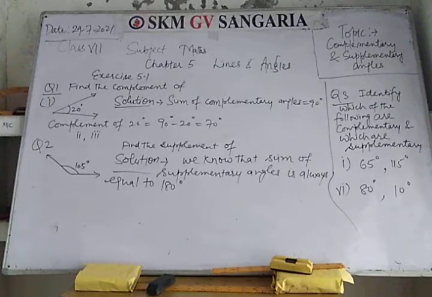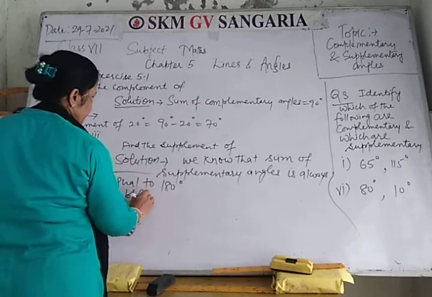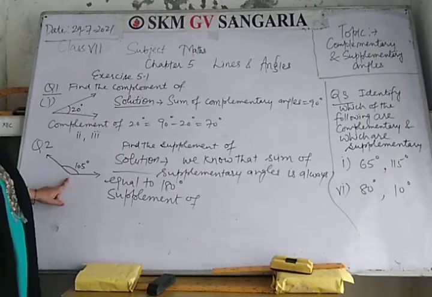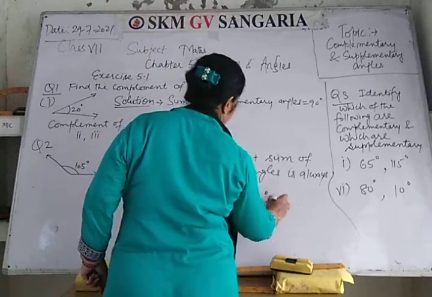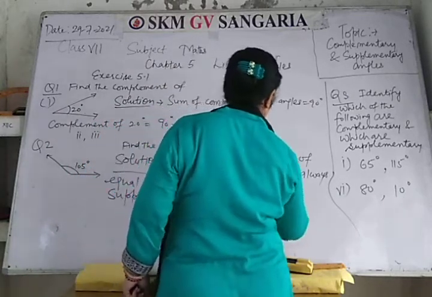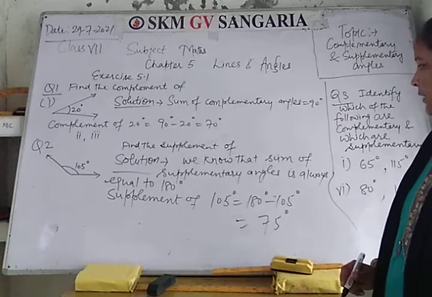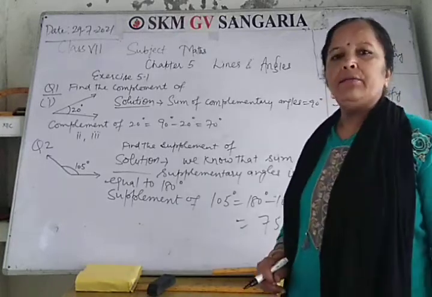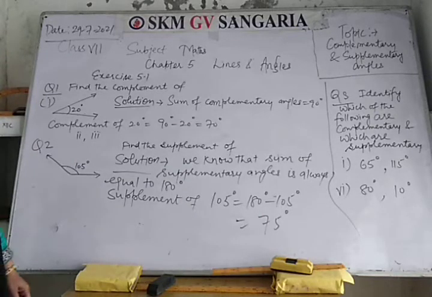Supplement of 105 degree. You are going to find the supplement of 105 degree. This is 180 degree minus 105 degree, then that is equal to 75 degree. So the supplement of 105 degree is equal to 75 degree. Please note down very carefully.